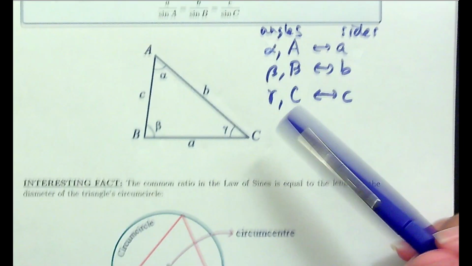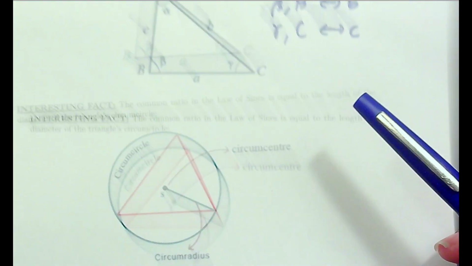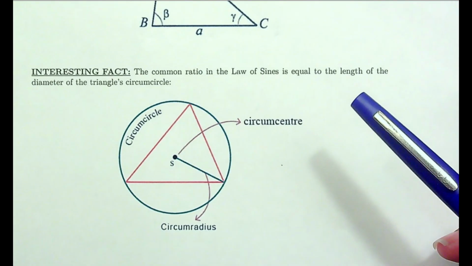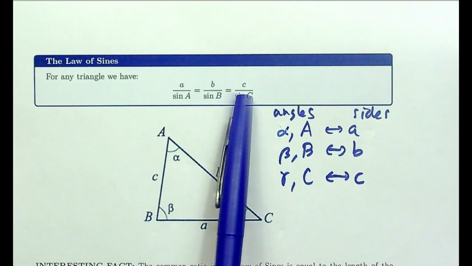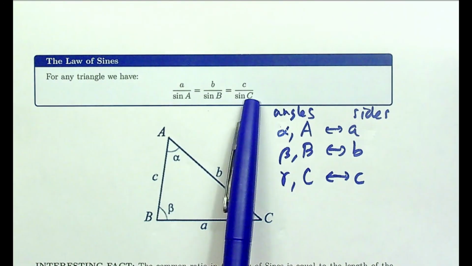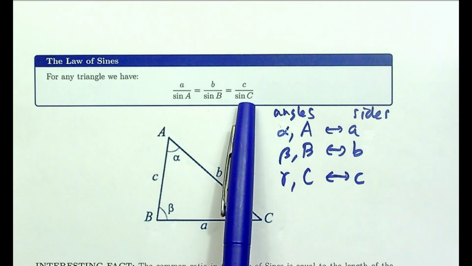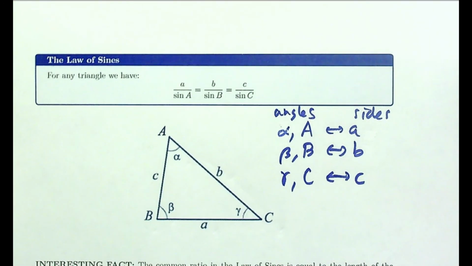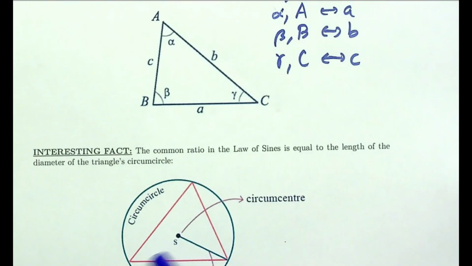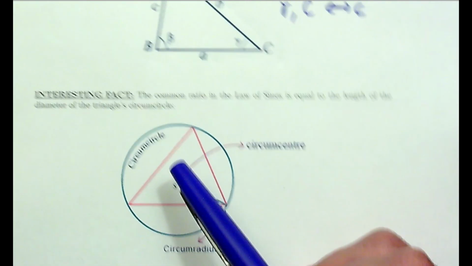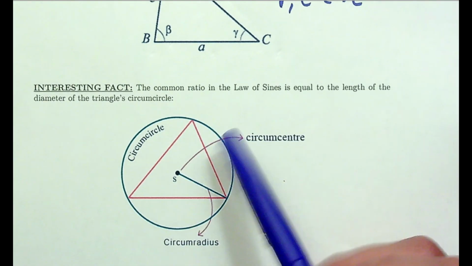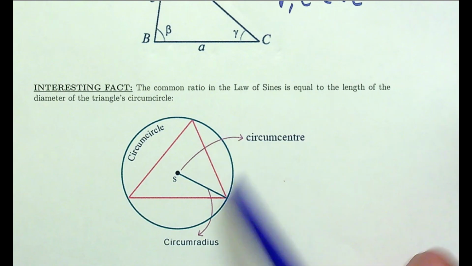Okay, here's an interesting fact before we do the very first example. That proportion, that number that is the same for all three proportions, is actually the length of the diameter of the circumcircle. Every triangle can be inscribed inside a circle.